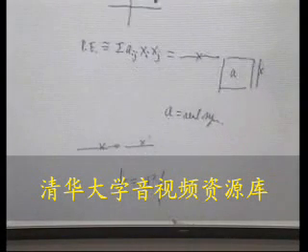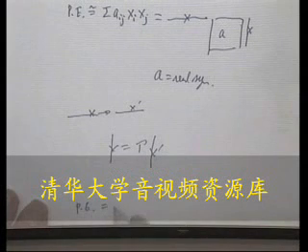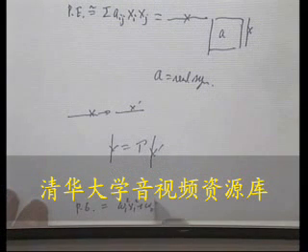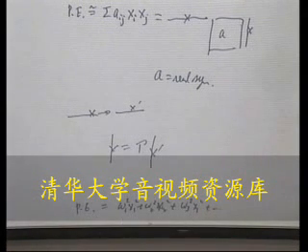Then in terms of x prime it becomes diagonal. In other words, the potential energy in x prime becomes omega 1 squared x1 squared plus omega 2 squared x2 squared, no cross term. And these omega 1, omega 2, omega 3 are the natural frequencies.